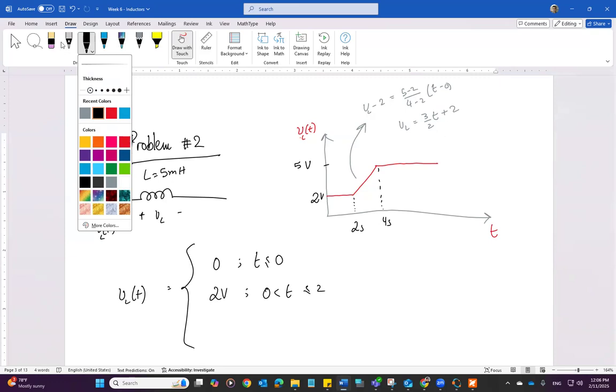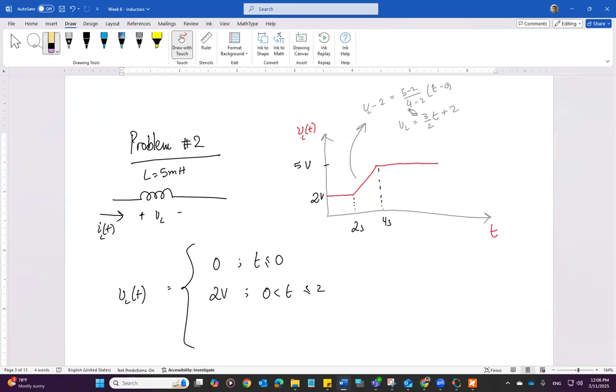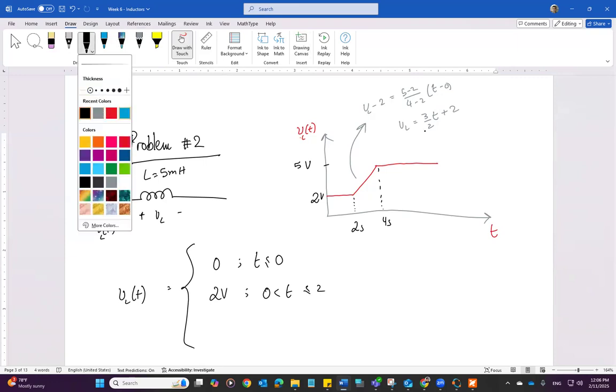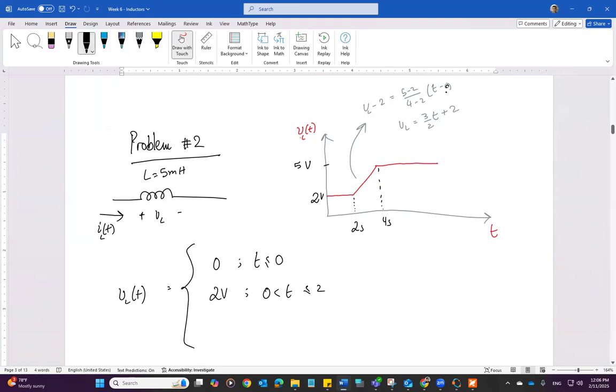So let me fix it, because that's going to be 5 minus 2, 4 minus 2, T minus the initial time, which is not 0. That time is 2 seconds. So VL minus 2 equals 5 minus 2 over 4 minus 2, and the initial time is 2, so T minus 2. This 2 will not be cancelled out because it's going to be multiplied by 3 by 2.